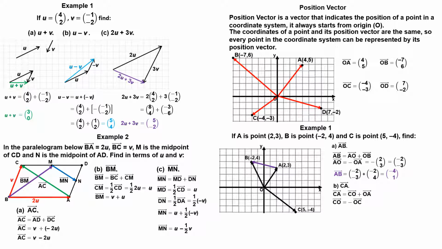We want a vector that starts at C and ends at A. Find the vector BC. We want a vector that starts at B and ends at C.